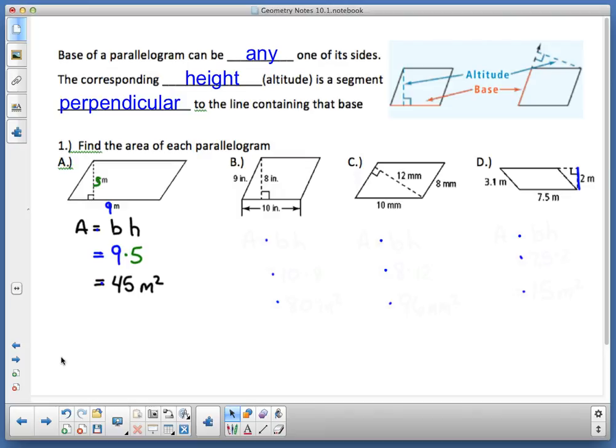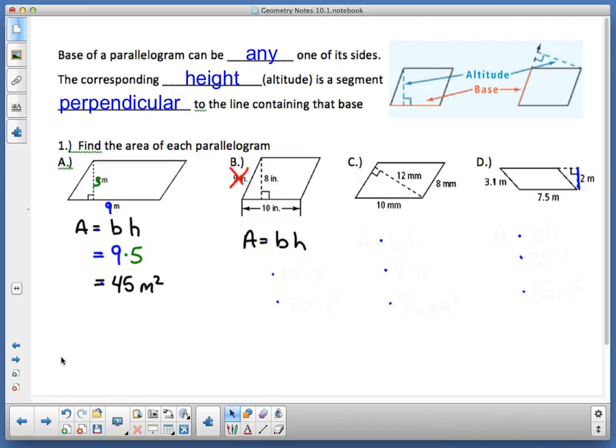So here, remember, for area we need base times height. The significant pieces of information are perpendicular to each other. Base and height are perpendicular. So this 9 is just sitting there to confuse and tease you.